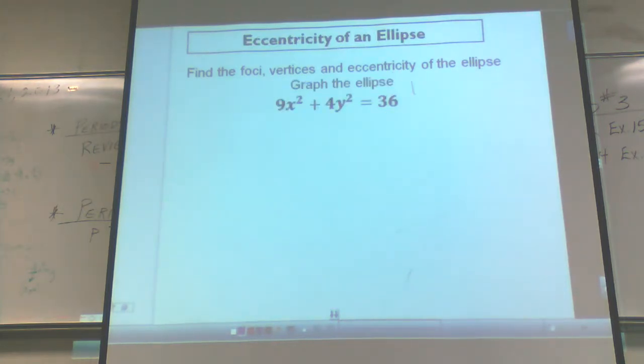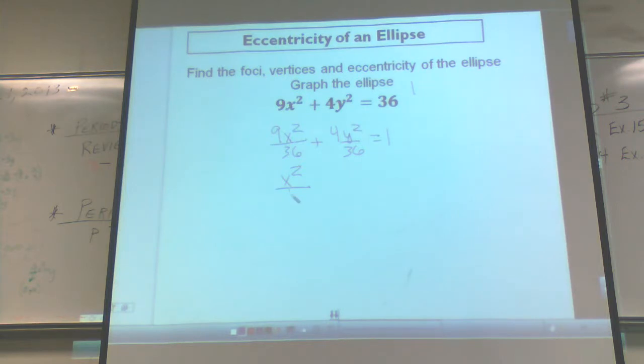Like I said before in the last one, you just want to do whatever makes that 36 a 1. You'd be dividing everything by 36. So this becomes 1. Now look, 1 over 4 x squared.